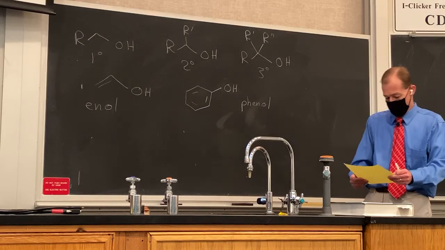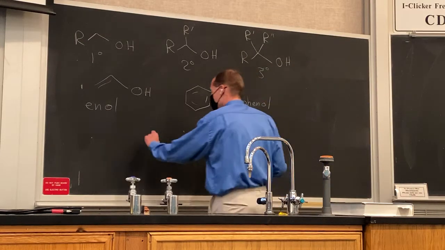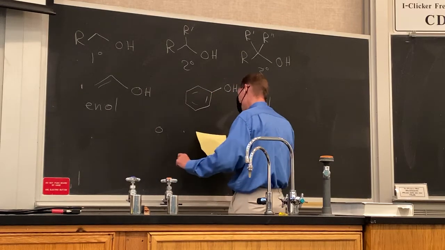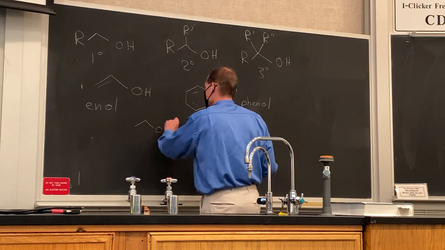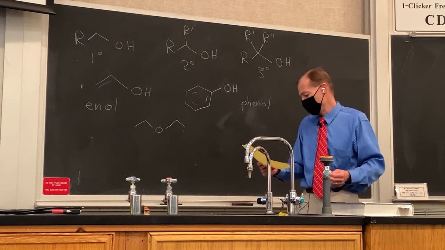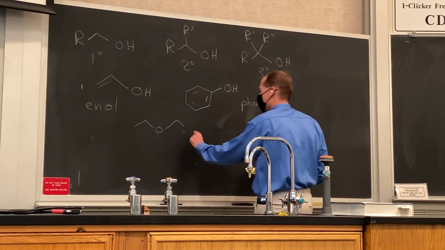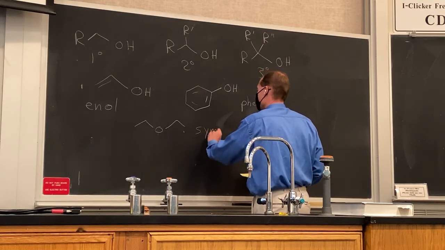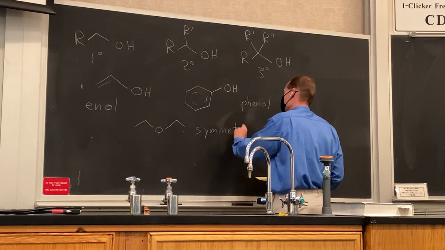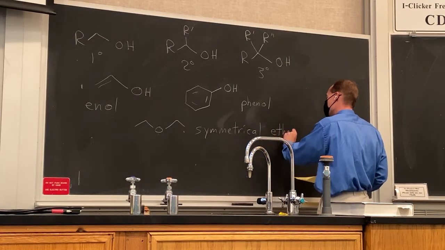So with ethers, we have classifications of ethers based on whether the two alkyl groups attached to the oxygen are the same or different. So this is diethyl ether, and we'll learn the naming system in a minute, but we would refer to it as a symmetrical ether.